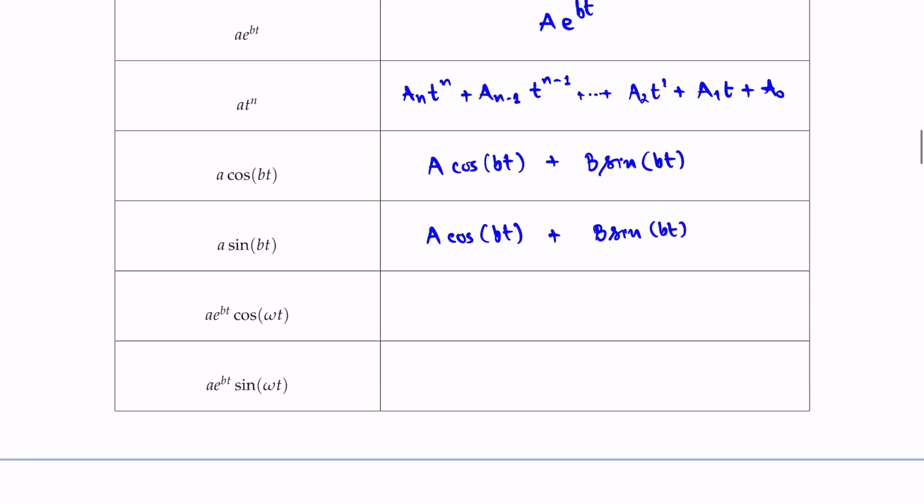Now, when you have an exponential function multiplied with cosine, the guess should be capital A times e to the bt times cosine of omega t plus capital B times e to the bt times sine of omega t. And for a times e to the bt times sine of omega t, the guess should be the same as before.